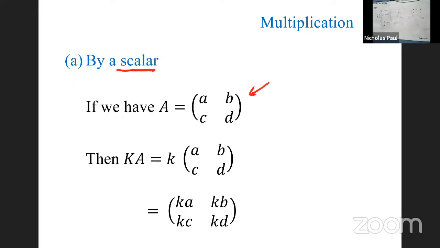This is A. You bring your K in front. So if I ask for KA, all we're doing is multiplying K by every single term. That's the way you multiply by a scalar. So watch this here.